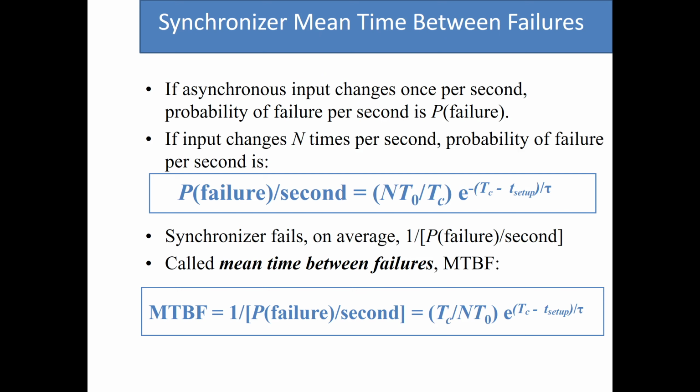So if an asynchronous input changes once per second, the probability of failure per second is P of failure, the equation that we had in the previous slide.